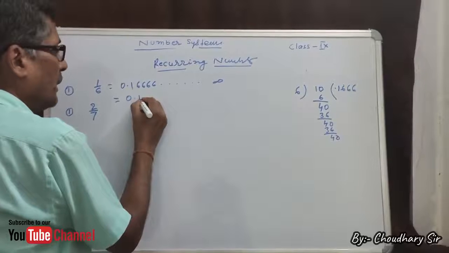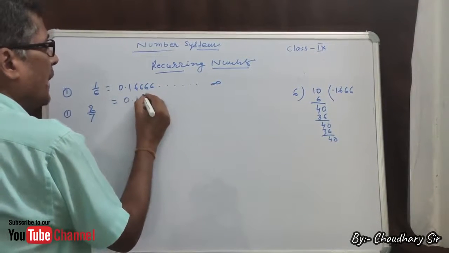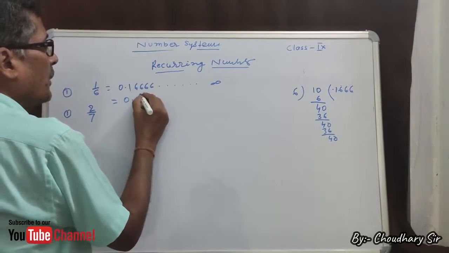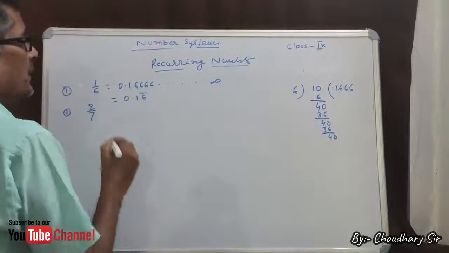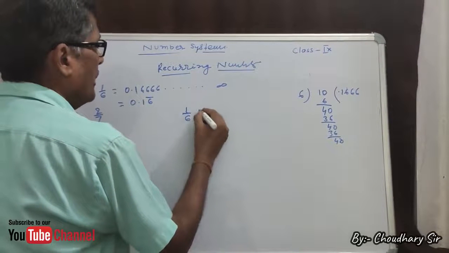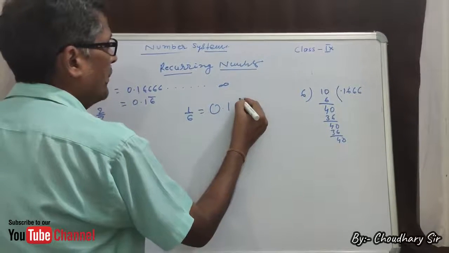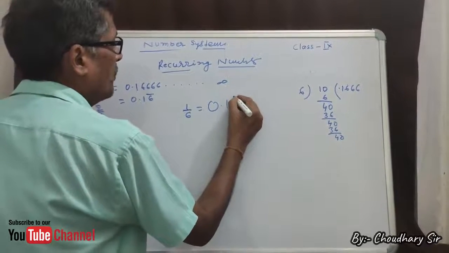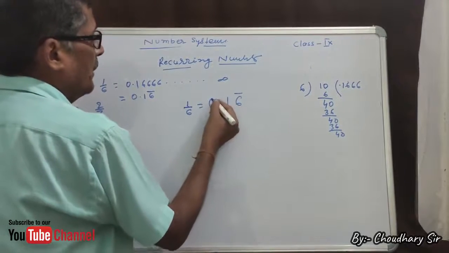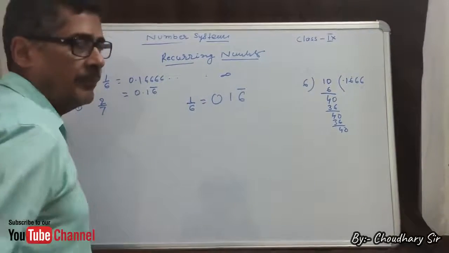So write 1, then write 6, and put a bar above the 6. We read it as 0.16 recurring.